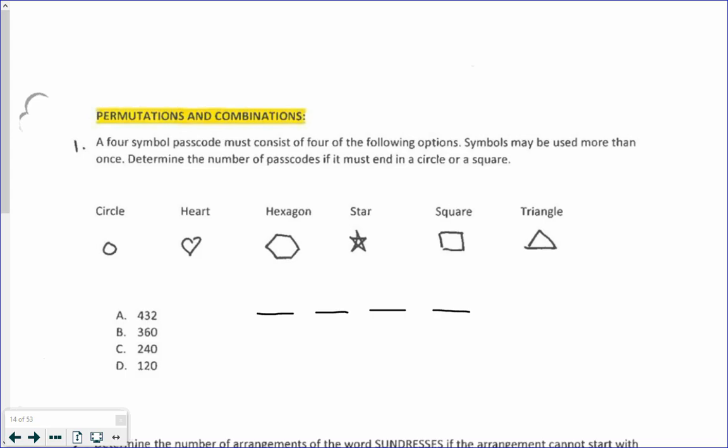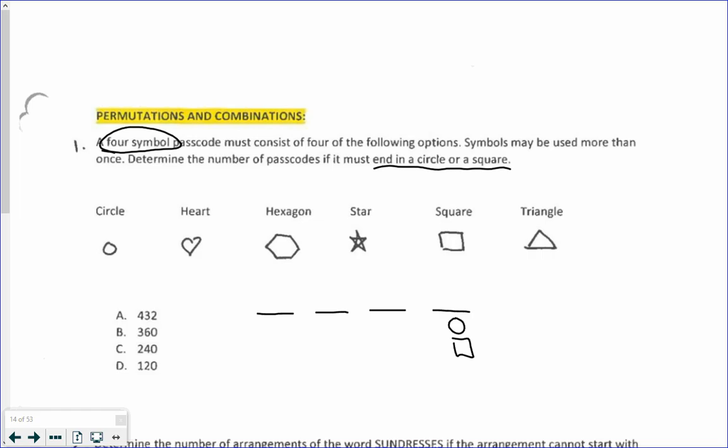Why am I doing 4 blanks? Because it's a 4-symbol passcode. Do we have any restrictions on any of the blanks? Yep, it's got to end in a circle or a square.